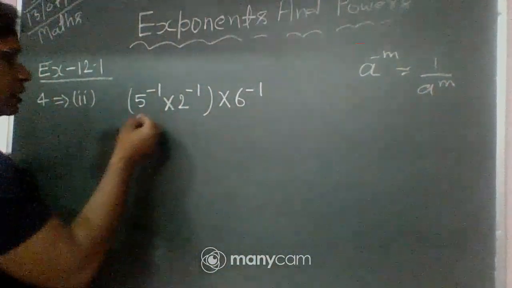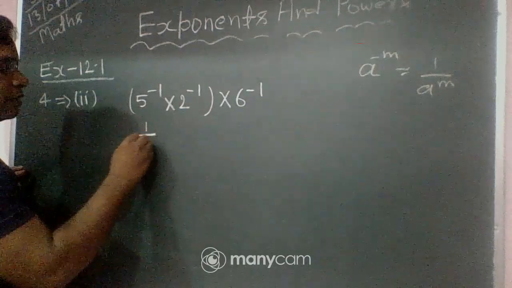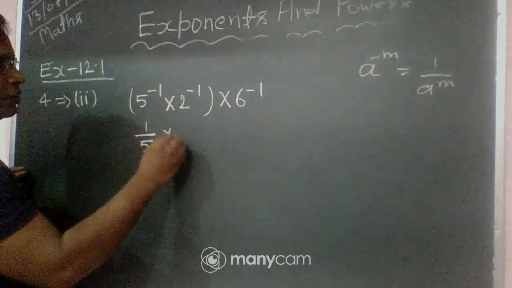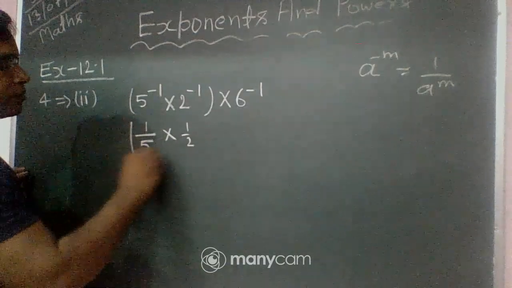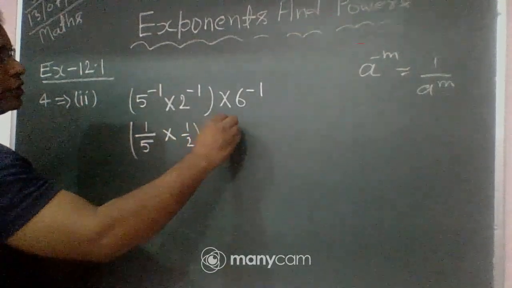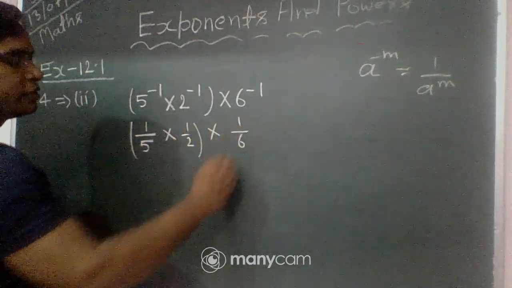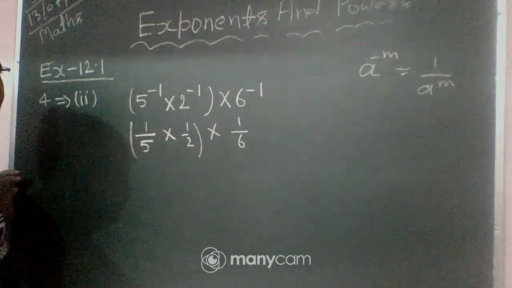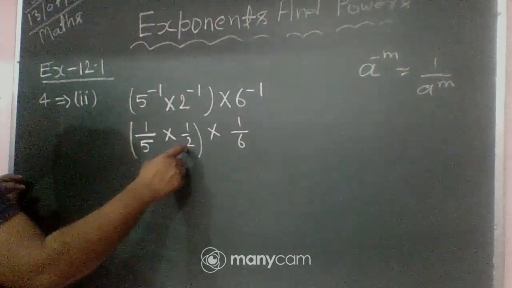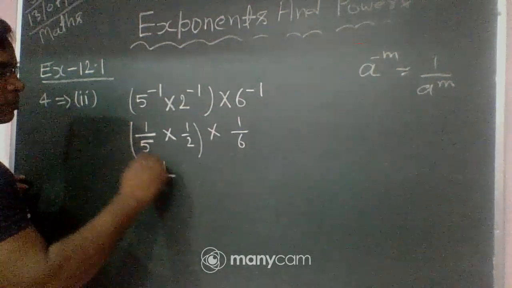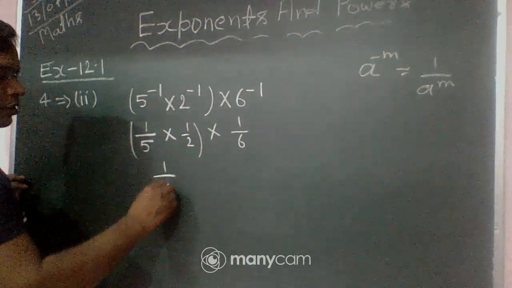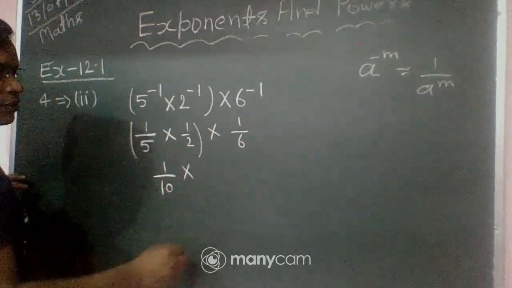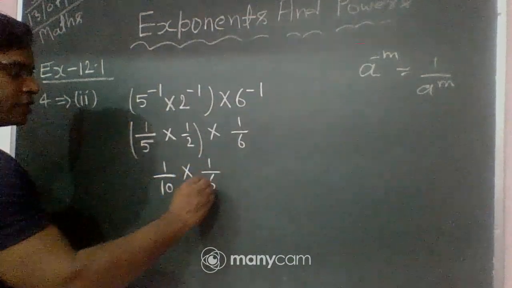So also we can write 1 by 5 into 1 by 2 into 1 by 6. Clear? So 1 into 1 into 1 is 1, and 5 into 2 is 10, into 1 by 6.